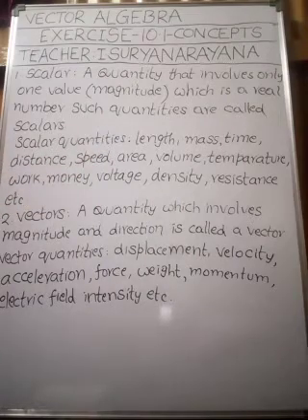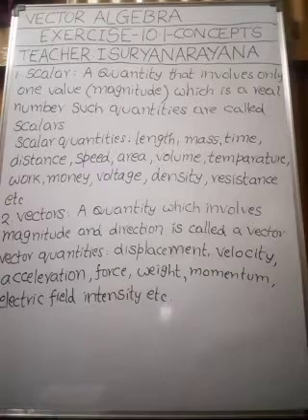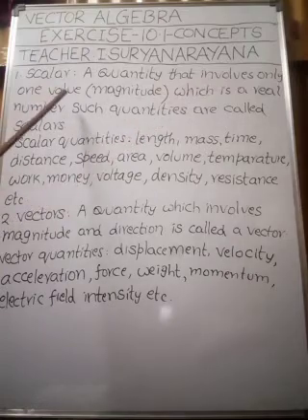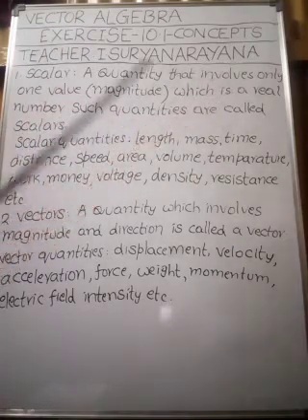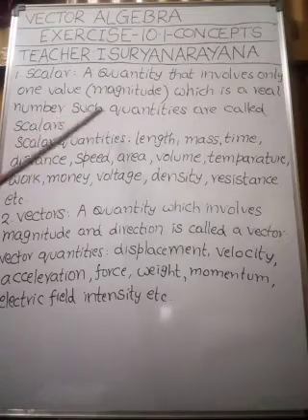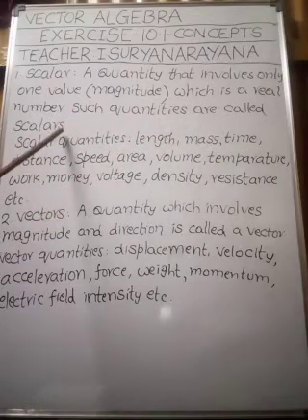Some physical quantities are there. In physics, you have already studied the physical quantities that involve only one value, which is a real number. Okay, my children, that value is a real number. Such quantities are called scalars.